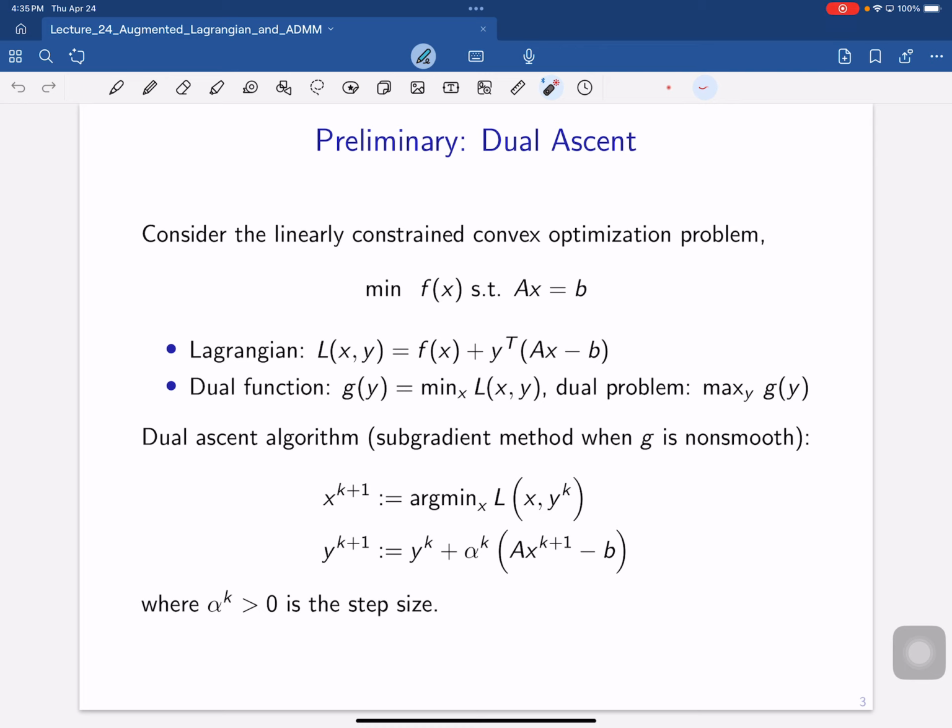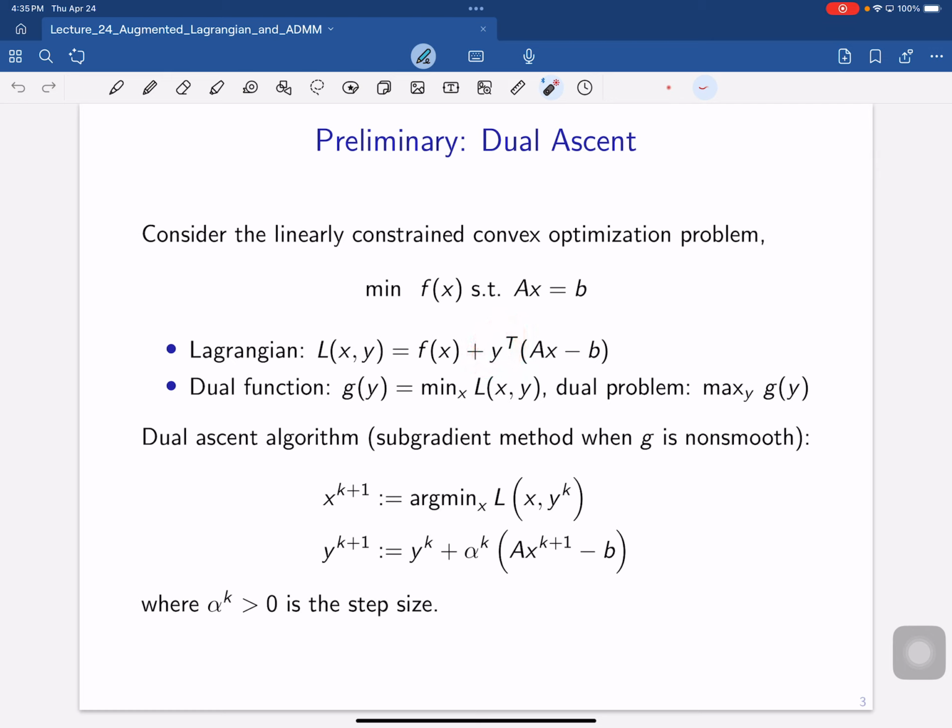Now, if you don't remember what we talked about on Tuesday, let's just discuss this from scratch. So here you have a problem: minimize f of x subject to a linear equality constraint. You can write down the Lagrangian of this problem. It's very simple: you just dualize this linear equality constraint, and the Lagrangian is f of x plus y transpose (Ax minus b), where y is the dual variable.